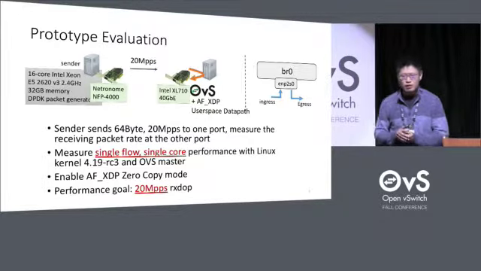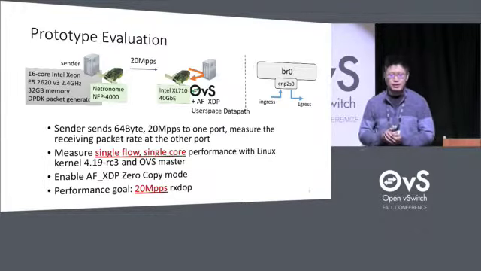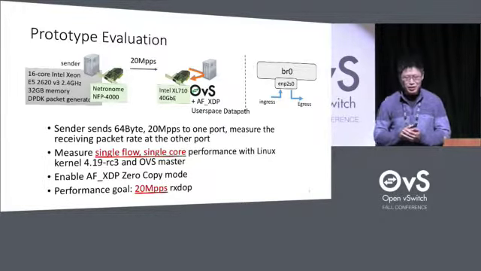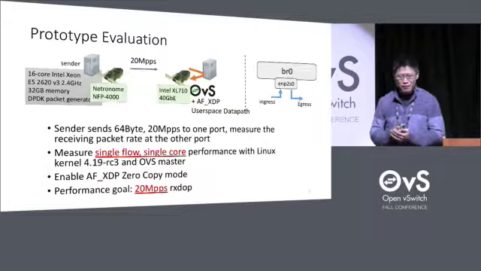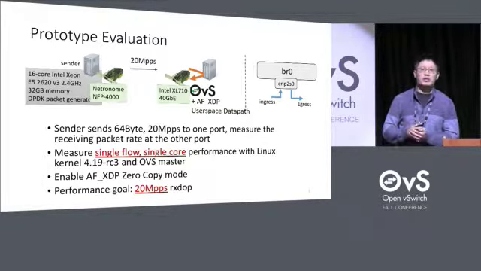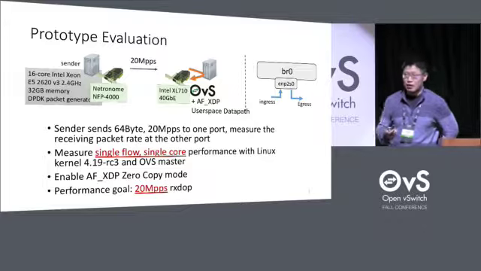On the right-hand side, we run OVS with the AF_XDP userspace datapath and with an Intel XL710 40 gig Ethernet driver. We measure the performance result using a single core and a single UDP flow. Since we are sending 20 million packets per second, our first performance goal is to see whether we can get 20 million per second for receiving at the OVS.